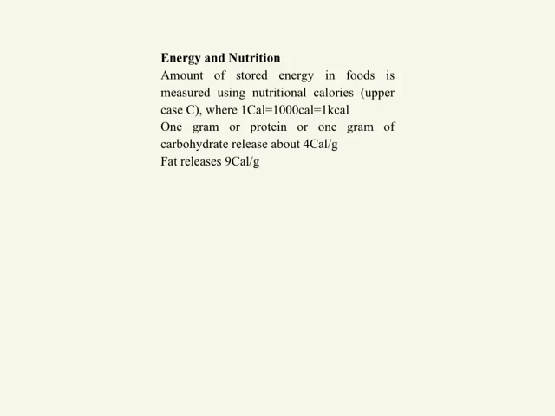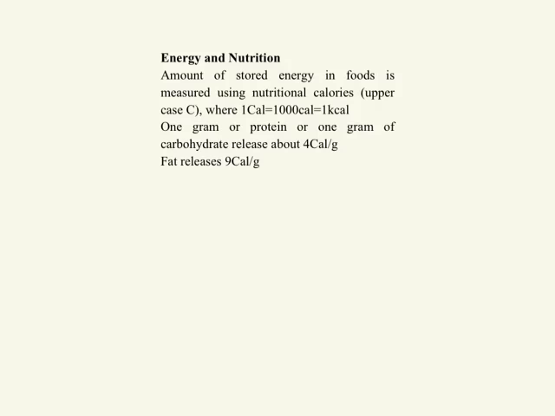Energy and nutrition. Now, when we eat food, the proteins, carbohydrates, and fats in the food are metabolized to form simpler molecules that in turn are used to prepare new molecules that cells need for maintenance and growth. This process also generates energy for the organs to function, for the heart to beat, the lungs to breathe, and the brain to think.